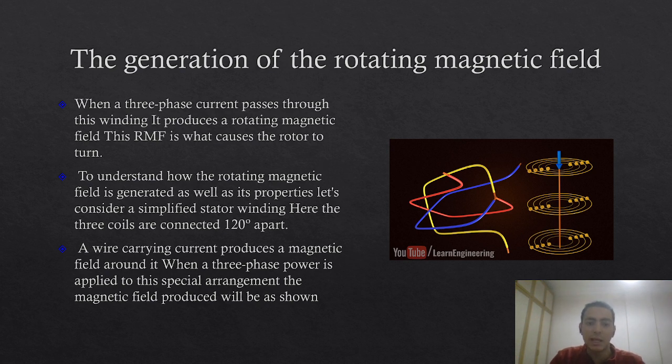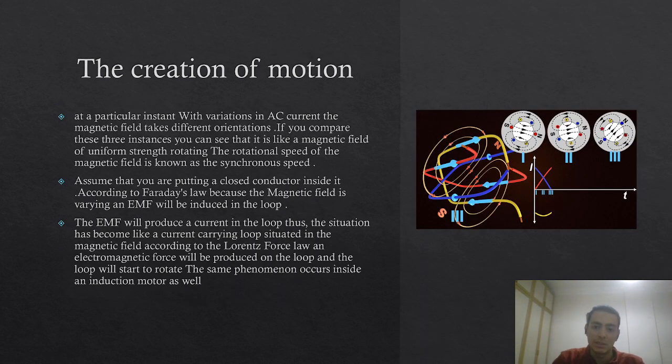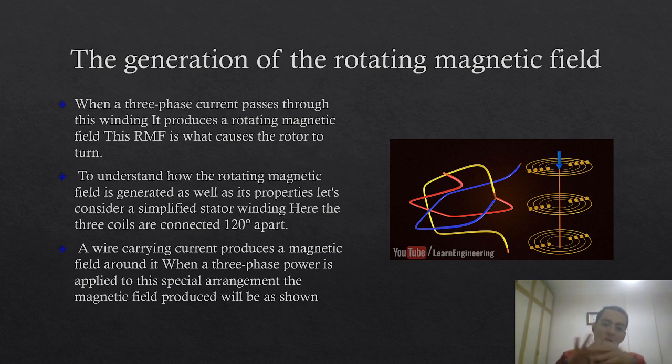To understand how the rotating magnetic field is generated as well as its properties, let's consider a simplified stator winding. Here are three coils. The three coils are connected 120 degrees apart. A current carrying conductor produces a magnetic field around it.